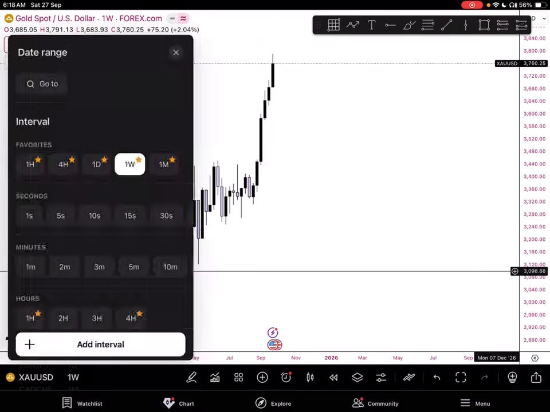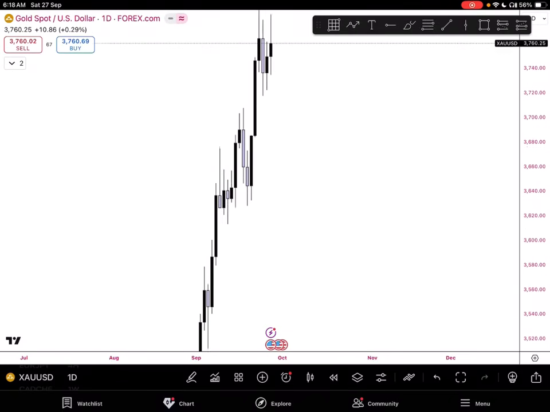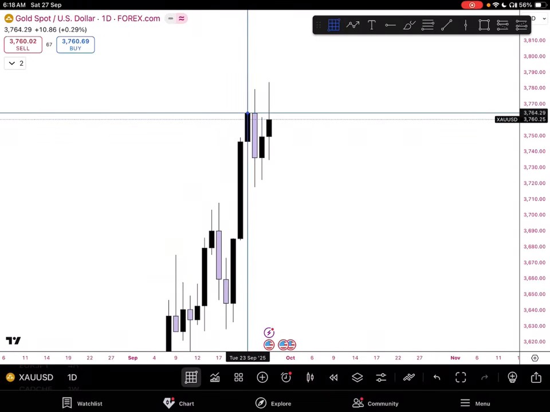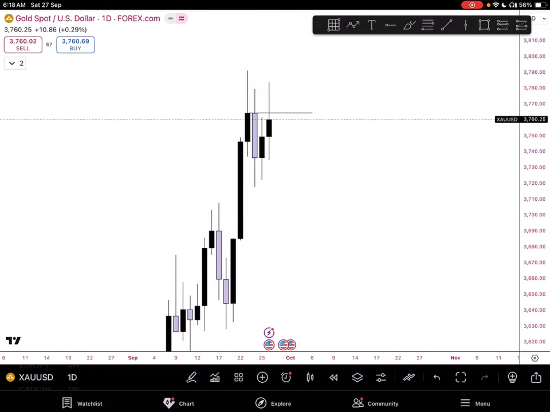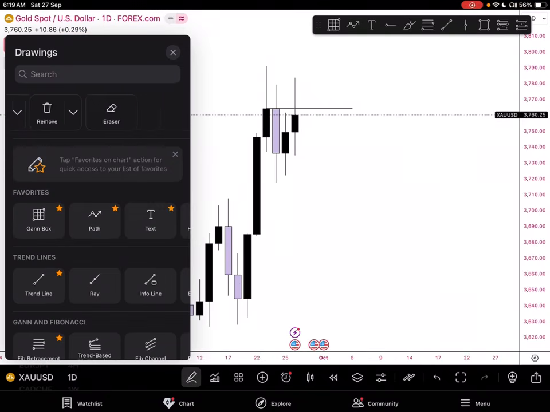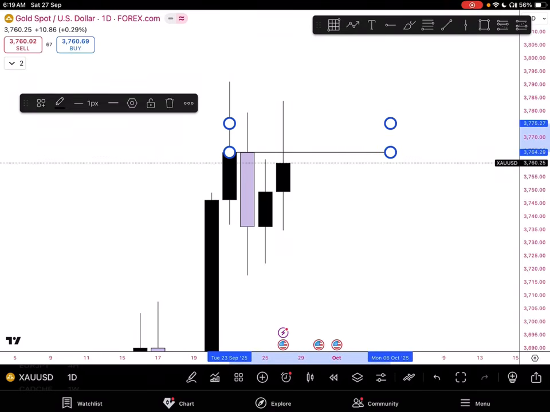So gold in daily, I already marked down this daily key level. This is my entry, but it hit my stop loss, and the price closed below the daily key level, right? So this is the current situation of daily. Let's zoom in and see what happened.